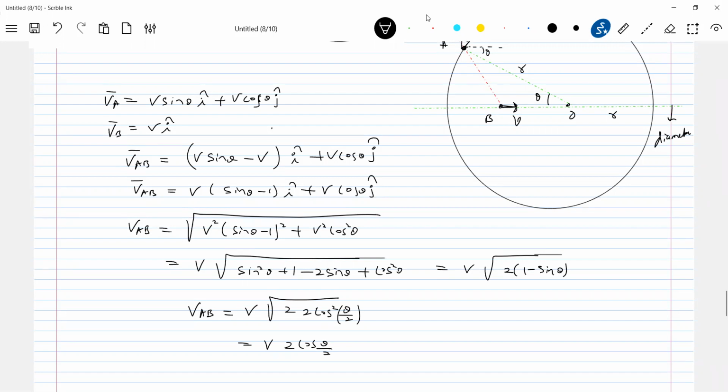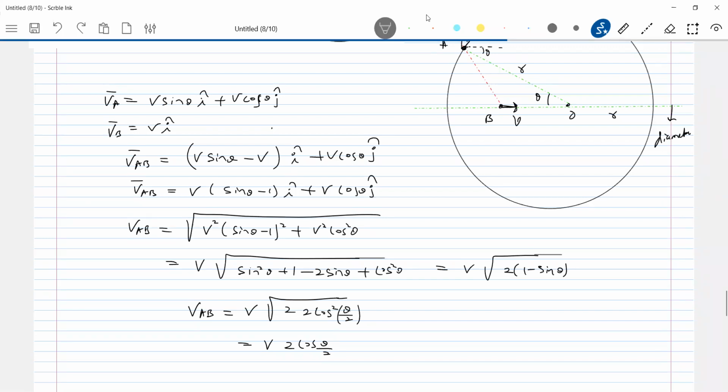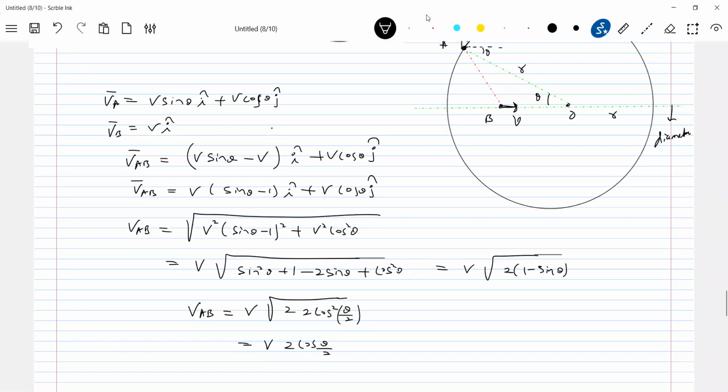If it had been cos theta, then we could do this. So if it was 1 minus cos theta, then we could do it, sir. Okay, that one. It is sin theta, no? Sorry. Okay, fine. I'll stop it here only. So n equals 2.